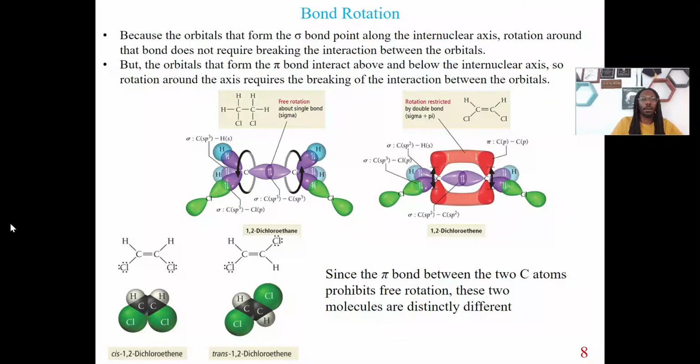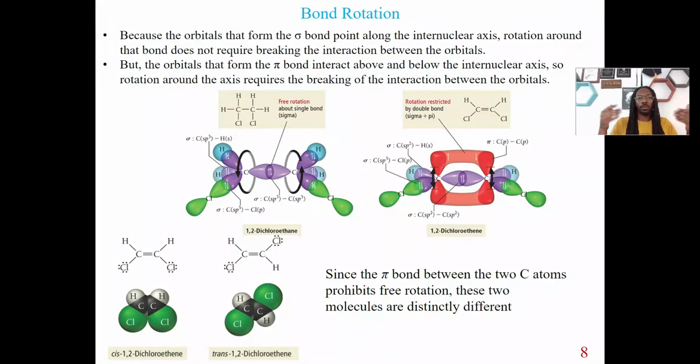Now I'm quickly going to talk about bond rotation as a little quick interjection here before we get back to it. With bond rotation, basically, we're going to have orbitals that are going to form sigma bonds, and we understand that they're interlocking like this. Because they're interlocking like this, the bond does not require any breaking of the interactions between our orbitals.